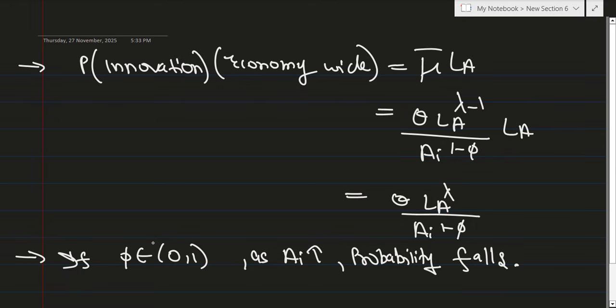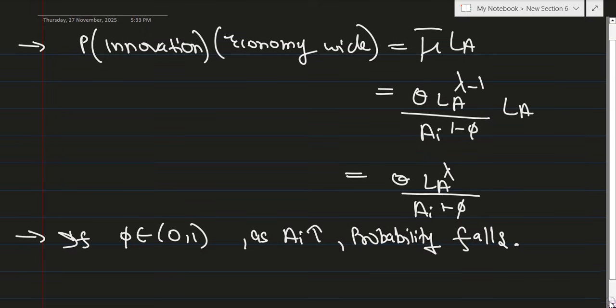Understand, A_i is basically the productivity or the impact of research. So as it increases, the probability of further innovation falls. That's the basic idea. You can calculate the derivative and then analyze it also.